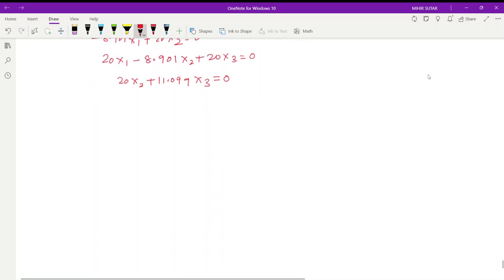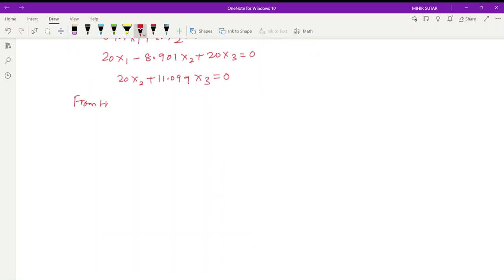So from the above equations we have x2 equal to 0.445 x1, and x3 is equal to minus 16.03 x1.